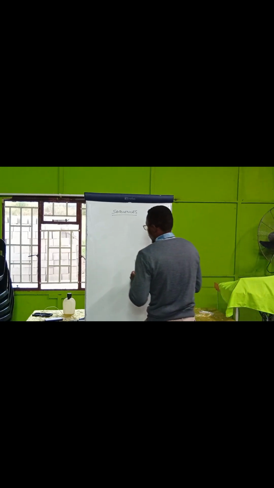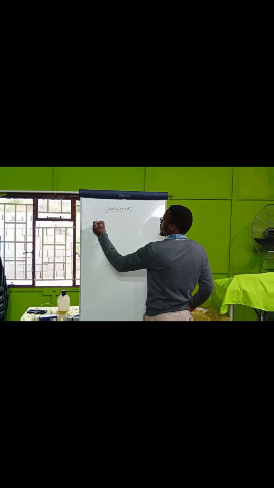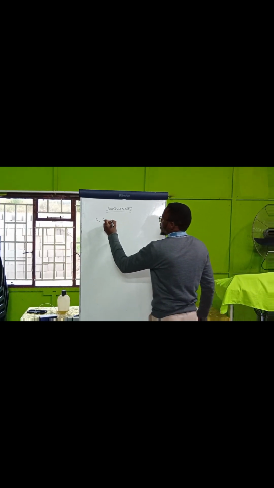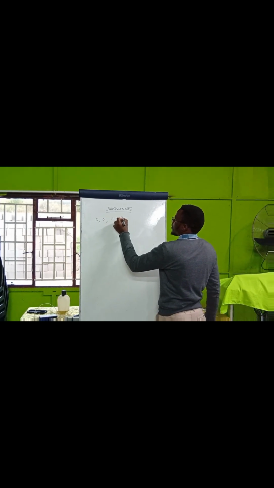This one is from your book, exercise 2.10. So we've got 3, 6, 11, 18, and so on.